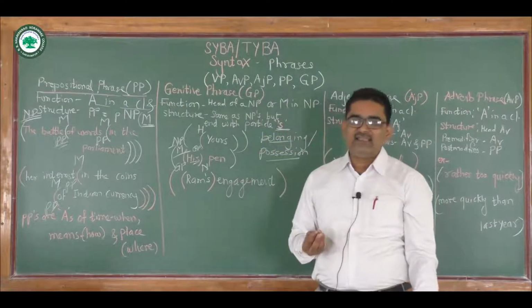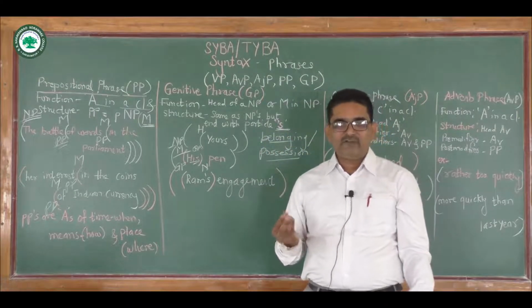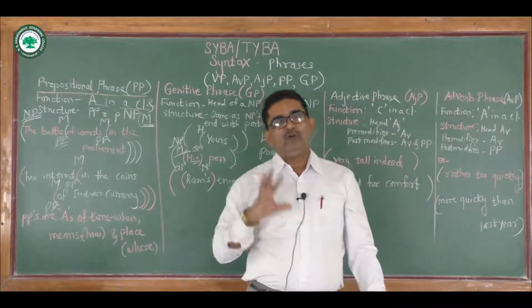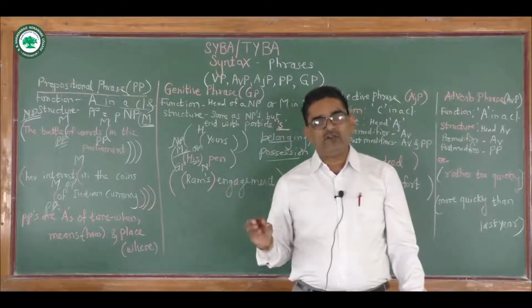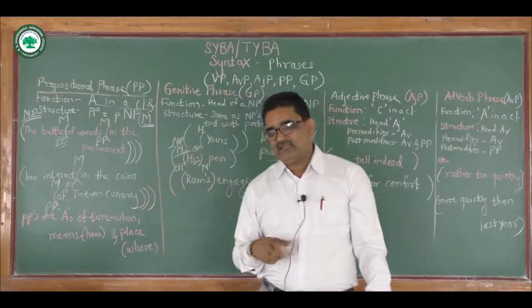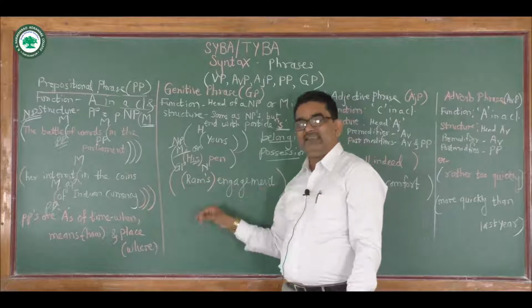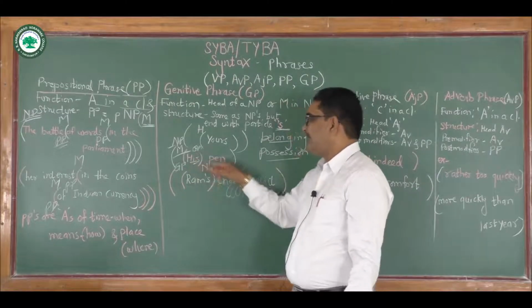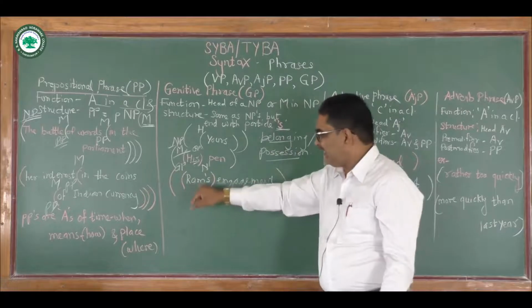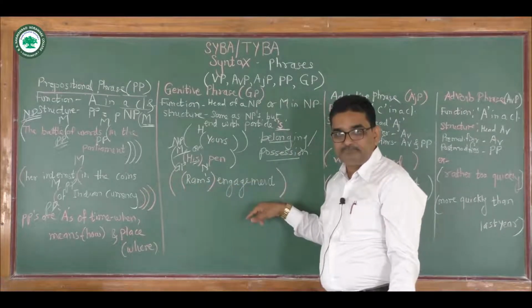You can say Ram's pen. Instead of Ram's pen, I may say his pen. Likewise, these are the alternative words, the dummy words used for nouns. That's why I have taken two examples. First, his pen, where it is a pronoun. And second, Ram's engagement.